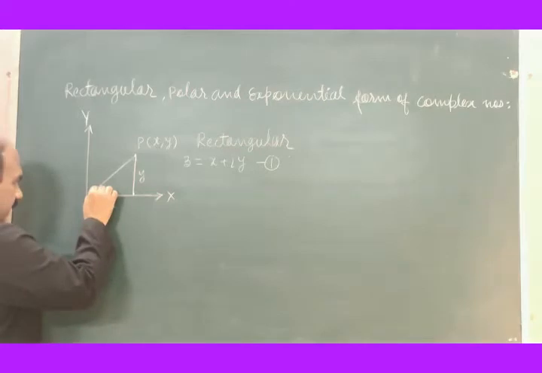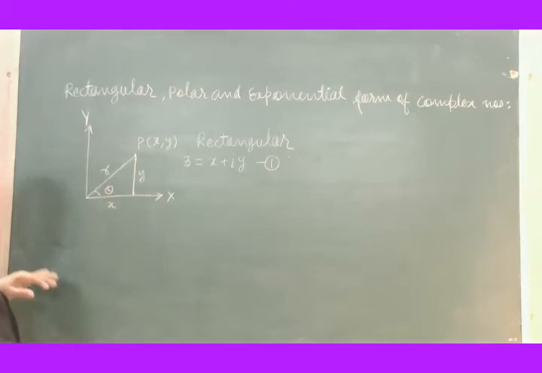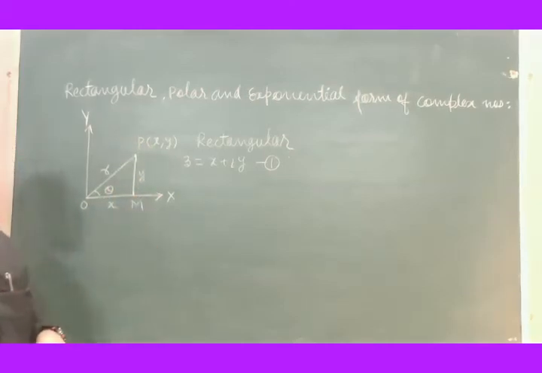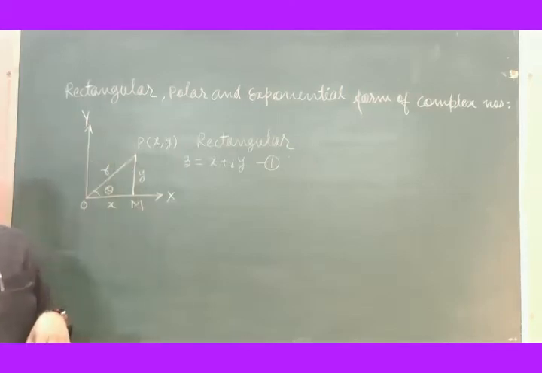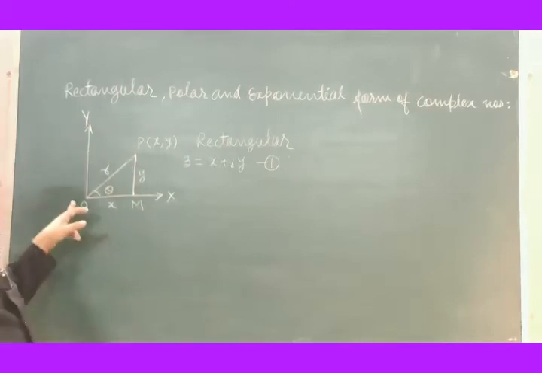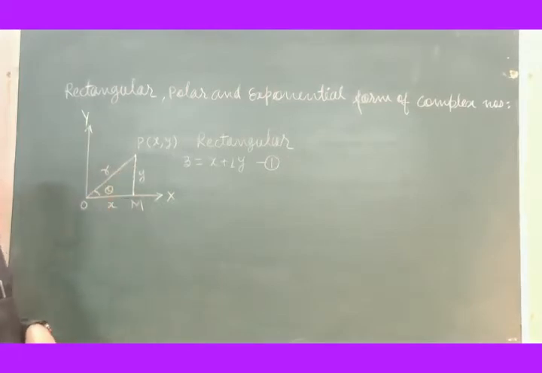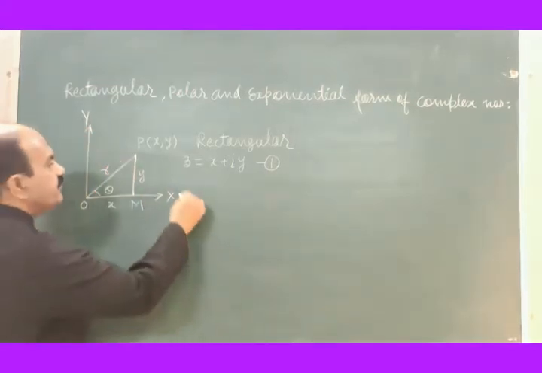Then, if this is angle theta and this is r, this is point O, this is point P, this is point M, then triangle OPM is a right angle triangle. In this triangle, r is the hypotenuse, x is the base, y is the height, and the angle made by the hypotenuse with the x axis is theta. What is sin theta?